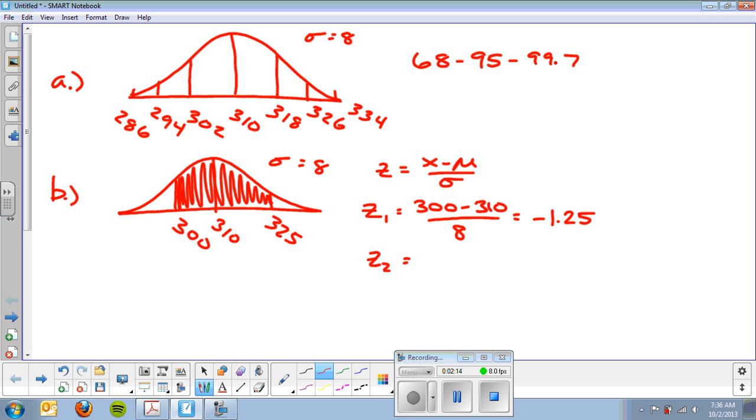My Z2 is 325 minus 310 over 8, which is 1.875. I'm going to call that 1.88.